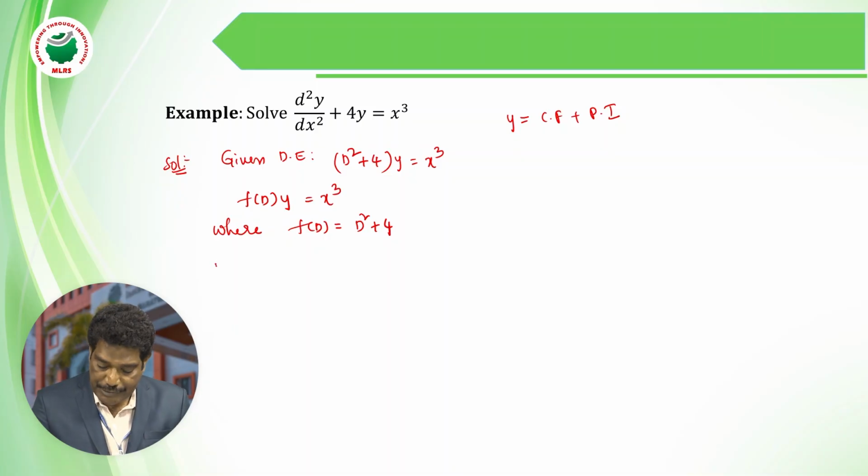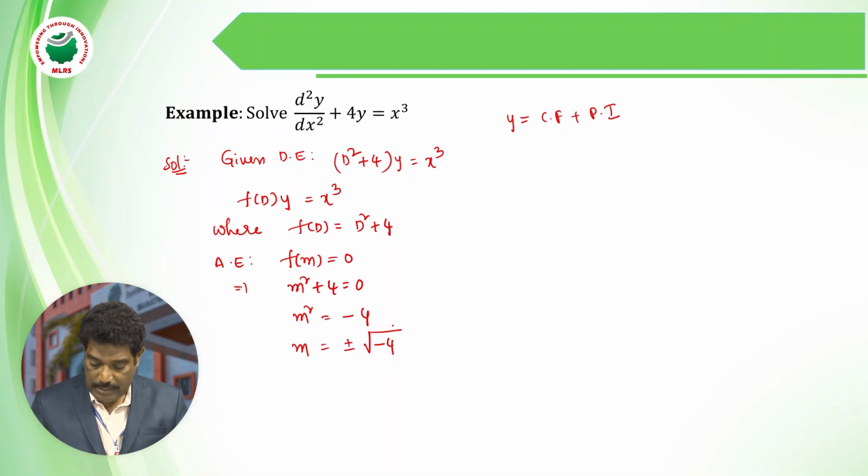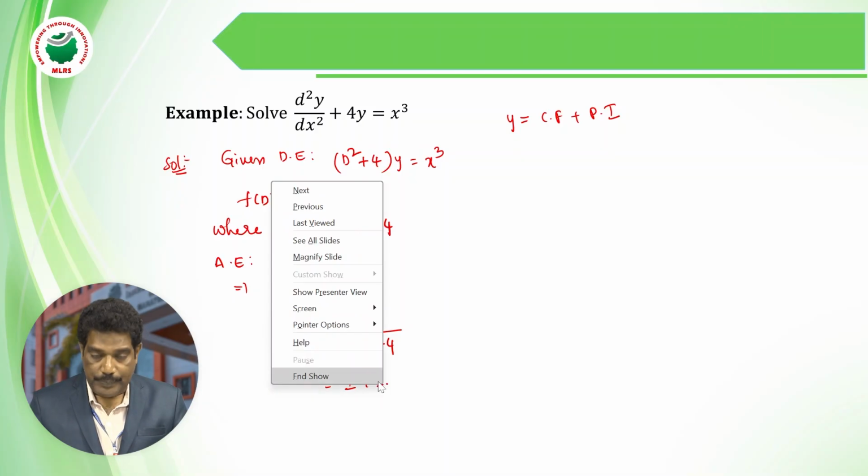Now take the auxiliary equation, AE, that is f of m equals 0. That implies m square plus 4 equals 0. Now this is a quadratic equation. Find the roots: m square equals minus 4, then m equals plus or minus square root of minus 4, which equals plus or minus 2i.